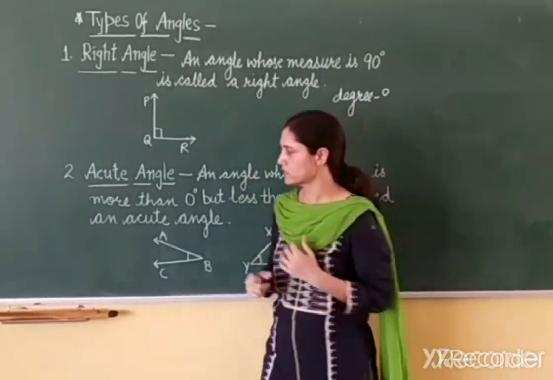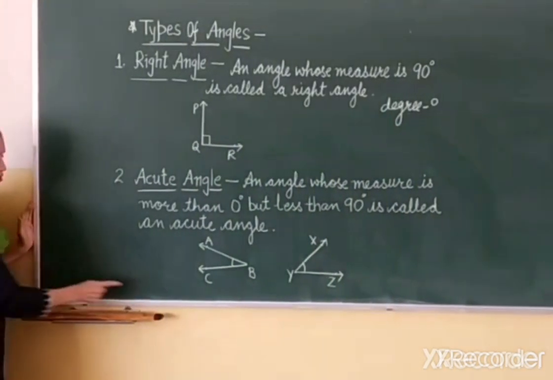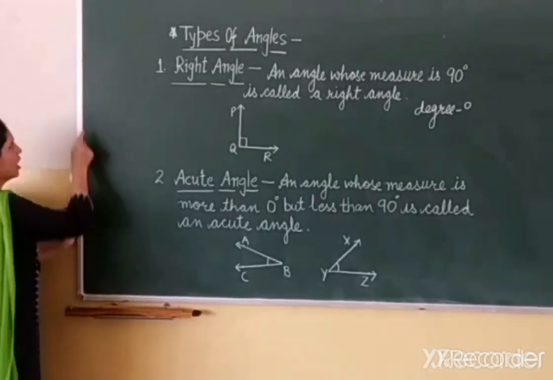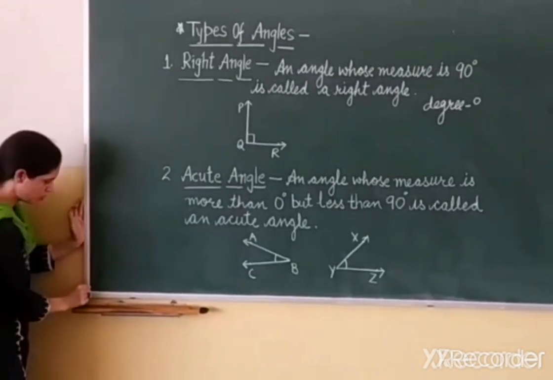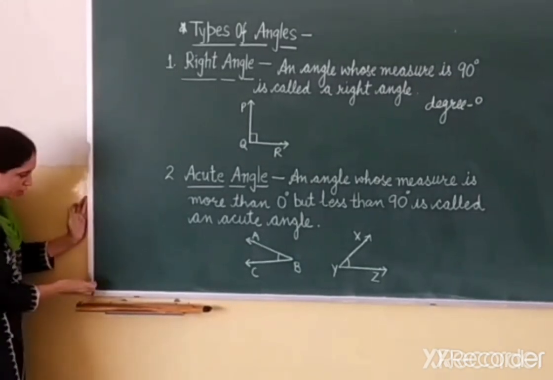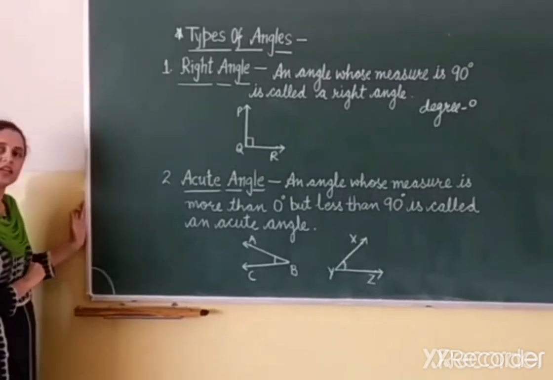There is one more example. You can see, students, the side of this green ball. This is one side. It is in horizontal position. Another side is in vertical position. These two sides have a common end point. So these also form an angle of 90 degree.